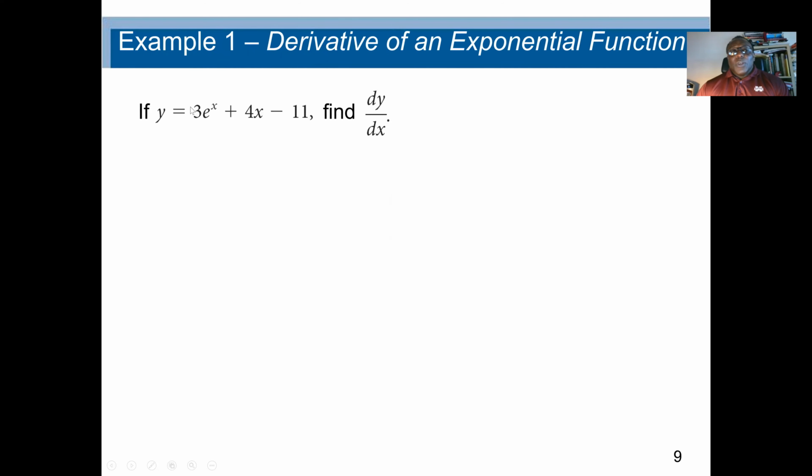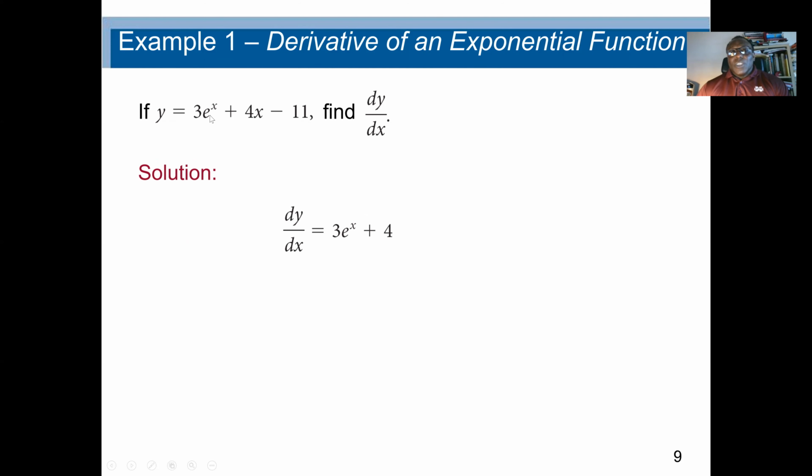So this is an example given. We have y equals 3e^x plus 4x minus 11, and we should find dy/dx. Here we can use the sum and difference properties. But we know the first term is exponential, so we have to use the exponential rule for our first term. Since the derivative of e^x is e^x, the derivative of 3e^x is 3e^x, because 3 is a constant.